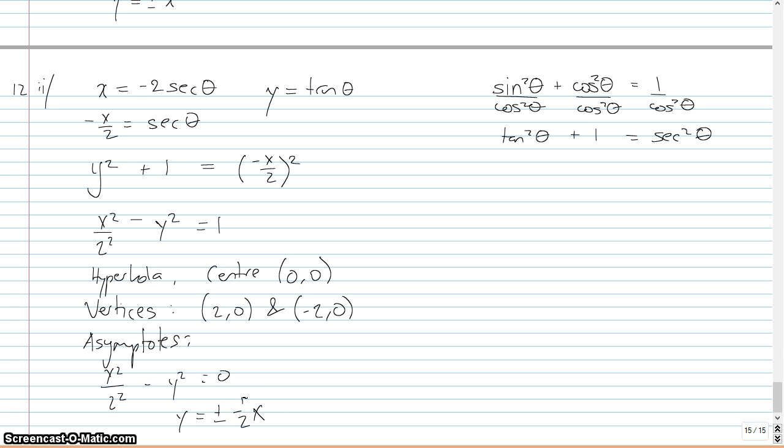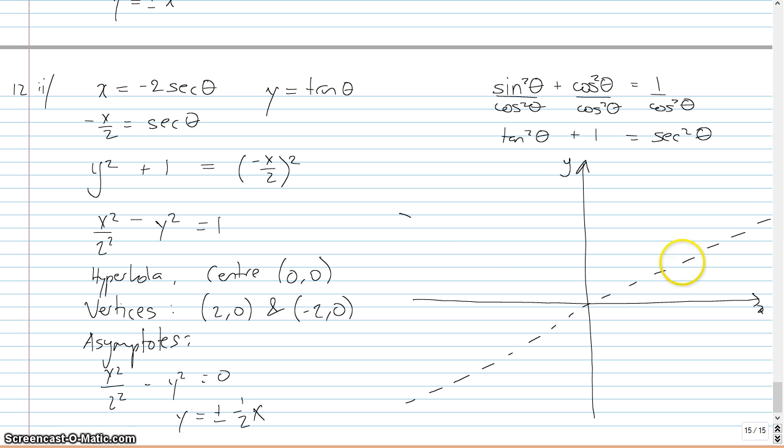So what does that look like? Y, x. 1 over 2 x, so the asymptotes are a little flatter this time. This is y equals negative 1 over 2 x, y equals 1 over 2 x.